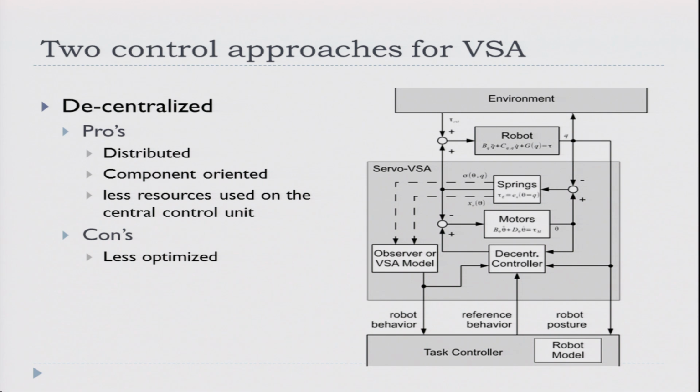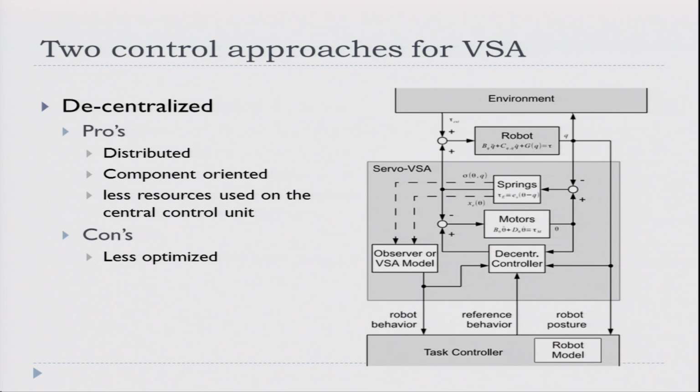You try to make the centralized controller as simple as possible, so that it behaves just like a task controller. You control things from the higher level, and each VSA behaves as a servo system.